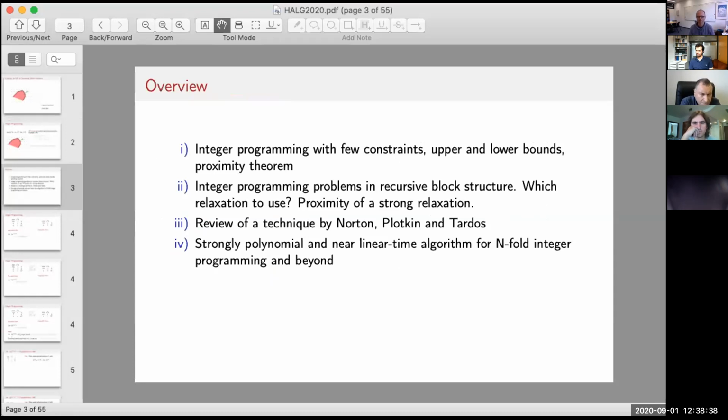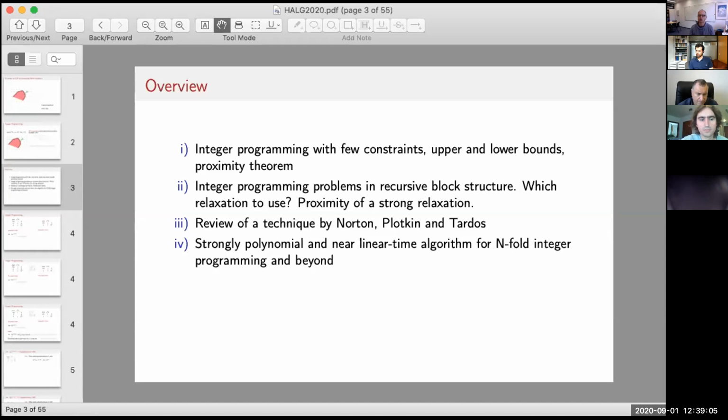I will start by talking about integer programming problems with few constraints, and mention upper bounds and matching lower bounds, and the proximity theorem for integer programming with few constraints. And these results are based on the Steinitz theorem, that is a theorem from convex geometry.